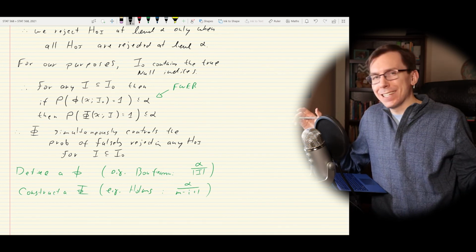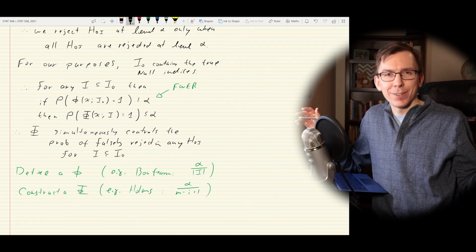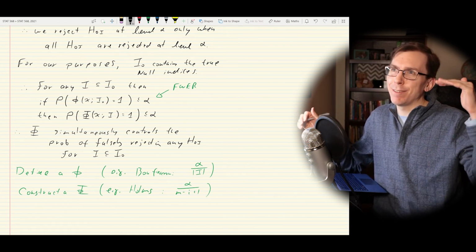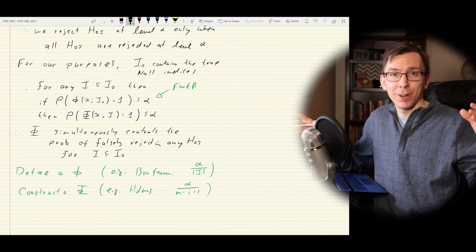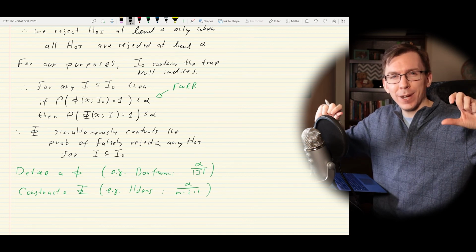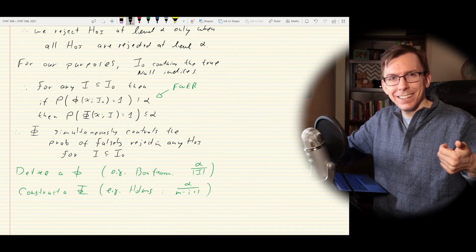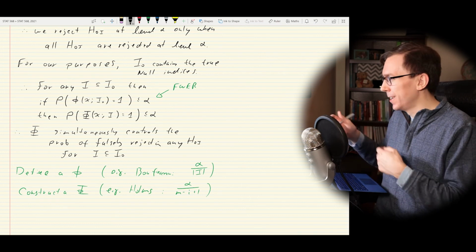So that's what this whole crazy abstract diversion is telling us. It's saying if I have a way of controlling the family-wise error rate for a collection of hypotheses, I can translate it into a step-down procedure with this approach.